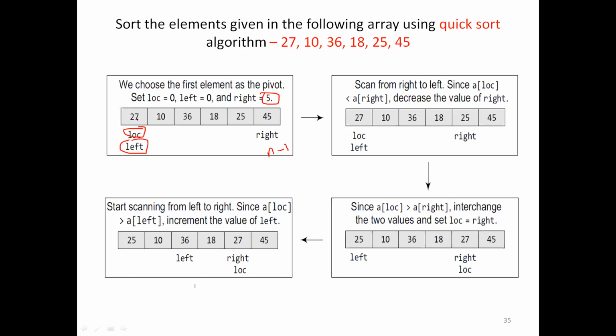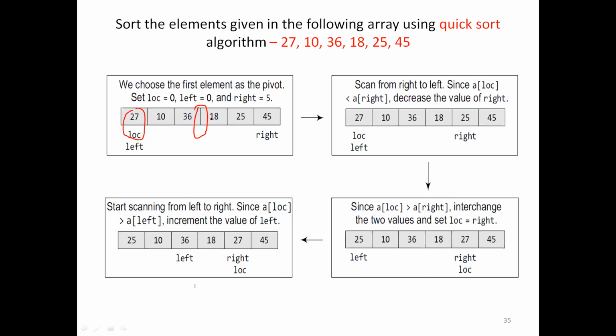And we have taken this 27 as the LOC, the pivot element. What is our next step? We are going to place the 27 in the appropriate place of the array. I will place the 27 in between, for example, 36 or 18.